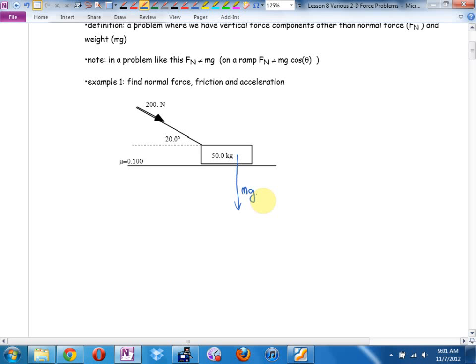Normal force. Hold off on that for a second. We're going to come back to it because here's what I don't want to do. I'm not going to go, oh, it's the same size as gravity. I don't think it is because I see other vertical stuff going on there even though I haven't done the components. What else? Friction, which way? Left. Let's do that.